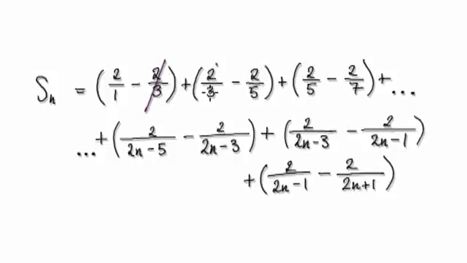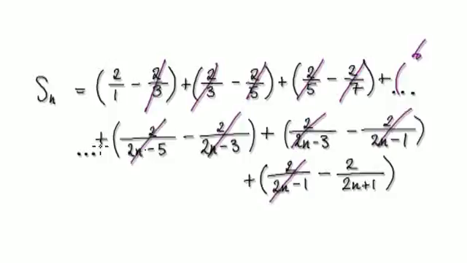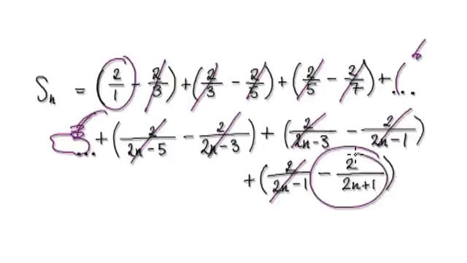This would cancel out with this, and then this will cancel out with this, and this will cancel out with whatever's here. And this will cancel out with what was previous here. So all that you're left with is this and this.